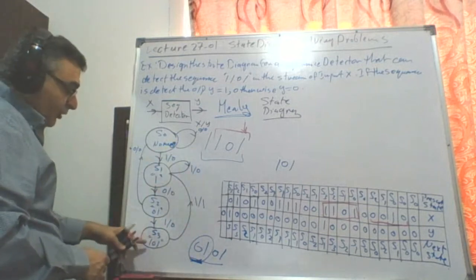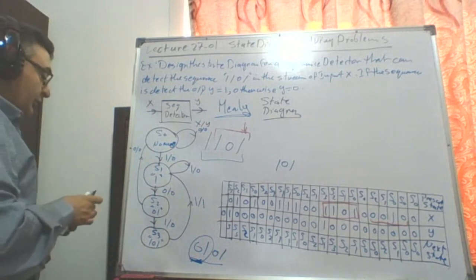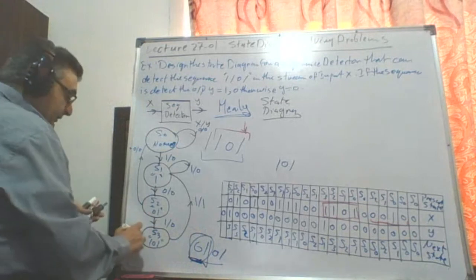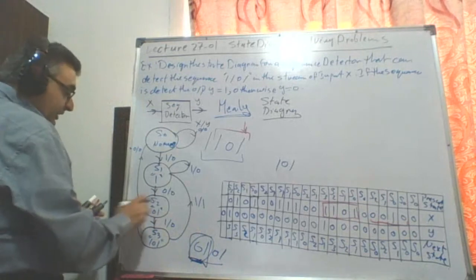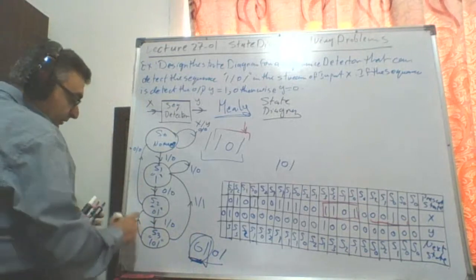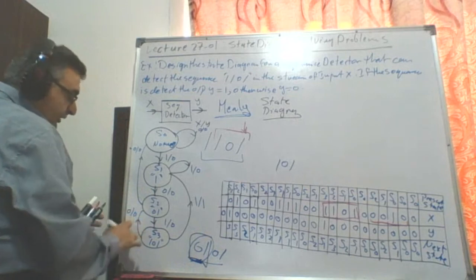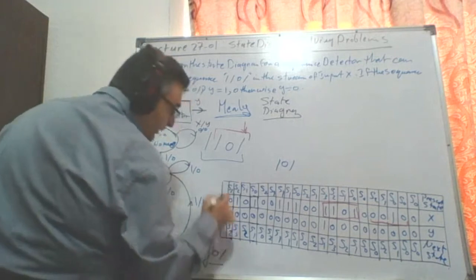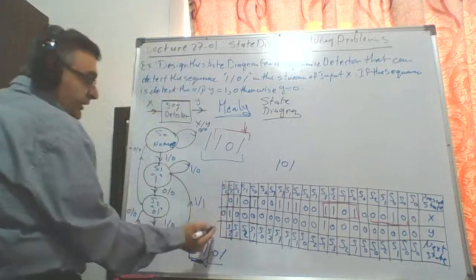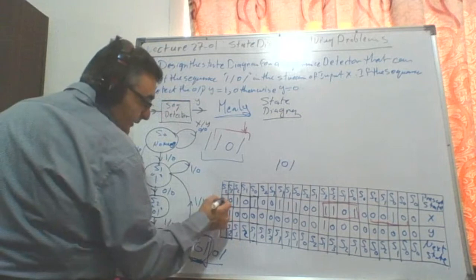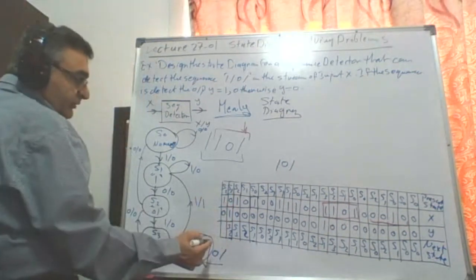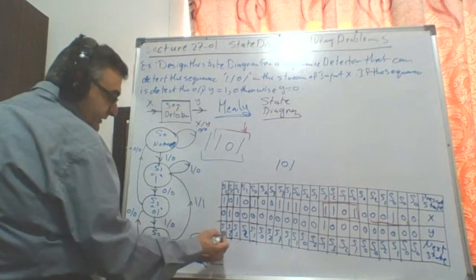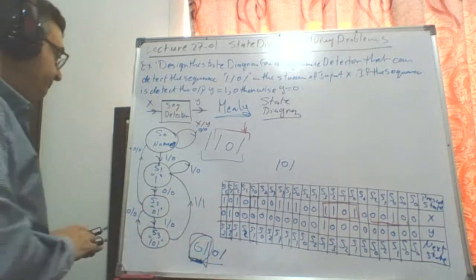So 1010 should send me to the history of 10, which should be S2. Here, if I have a 0, I will get a 0 at the output, but I will go to S2. Now I am in S2 and I'm receiving 1. That means I have 101, so go back to S3 and so on.